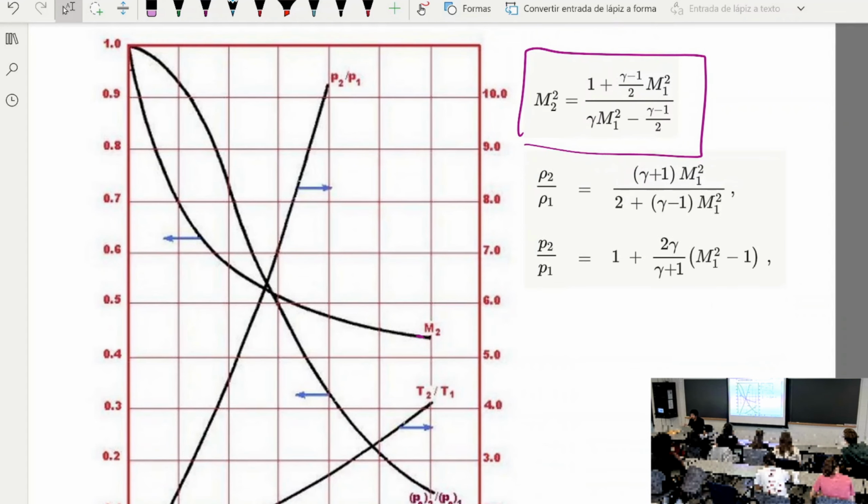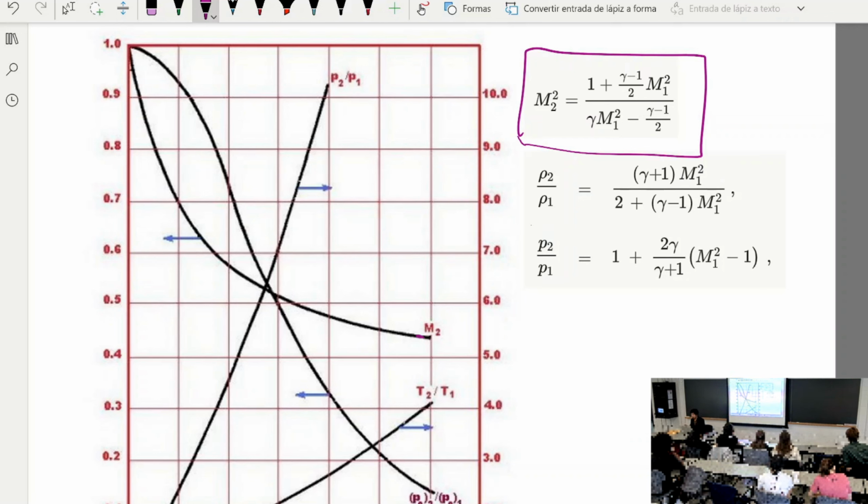What else? So now you have the Mach number ratios. We can just plug the Mach numbers into the equations that determine the density ratios and the pressure ratios, and you would get a density ratio and pressure ratio like that.